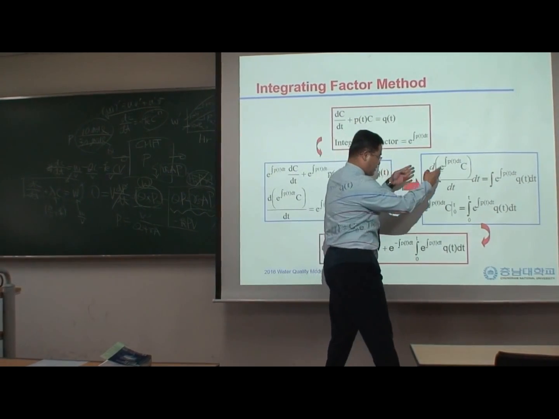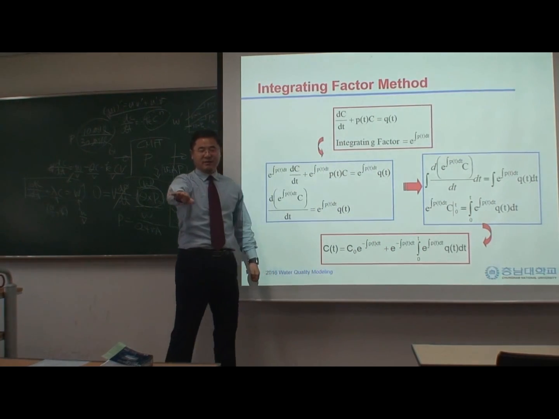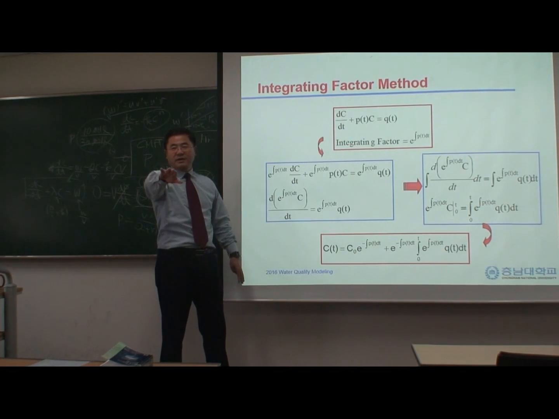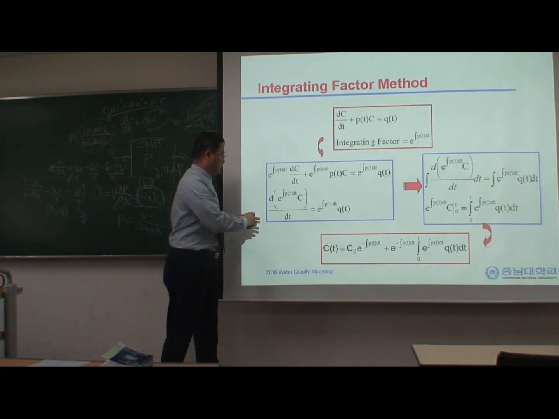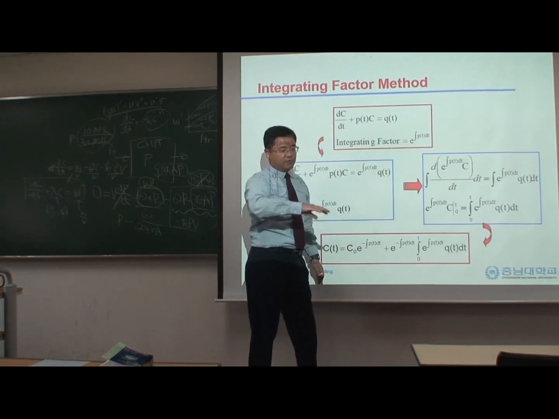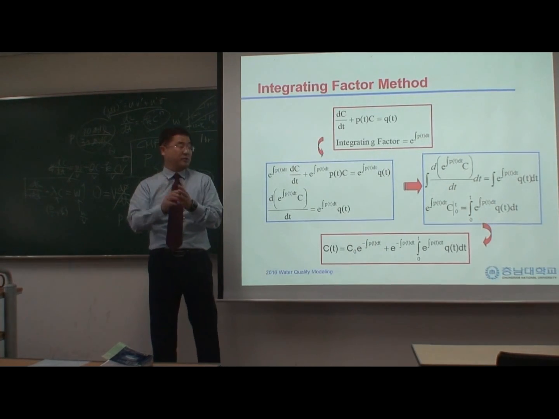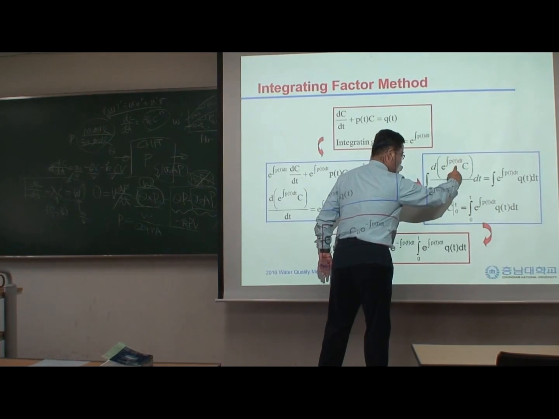If you have a differential equation and you integrate, it's like you already differentiated, and then you integrate. Differentiate, integrate, and then you will have the same form. In other words, this thing right here is the solution.